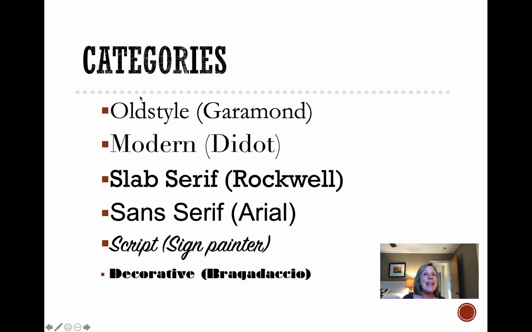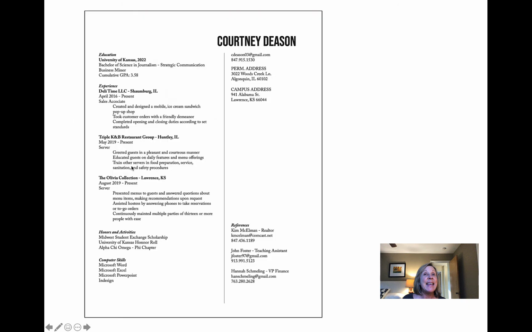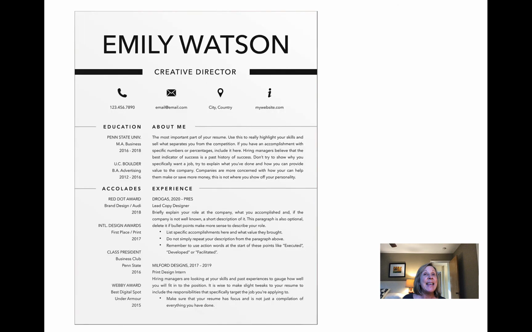An old style serif font has transition in the letters between thick and thin, but it's not a dramatic transition. This makes it an ideal choice for smaller type sizes. So Garamond here, and Garamond here, or something close to Garamond.